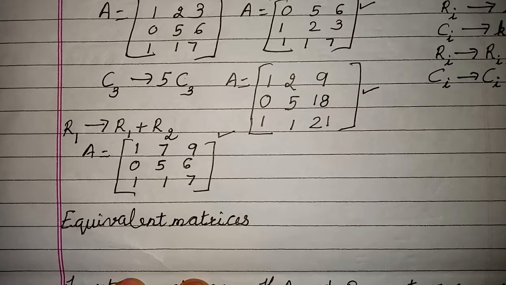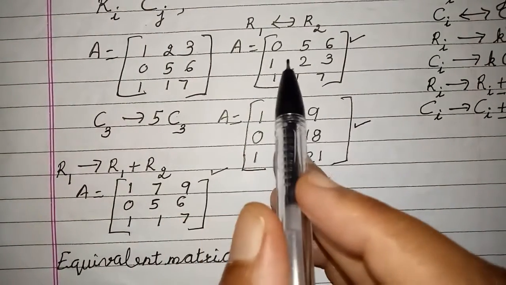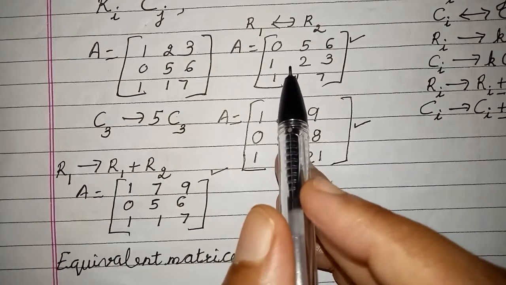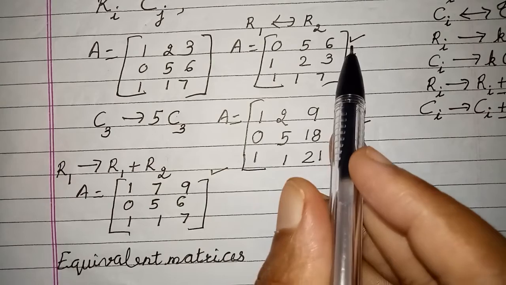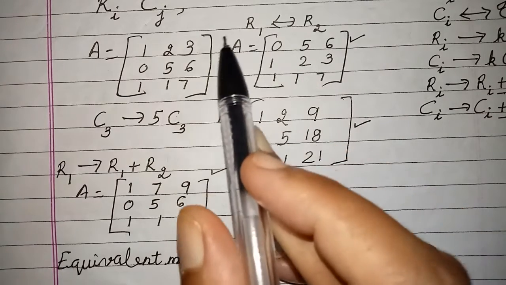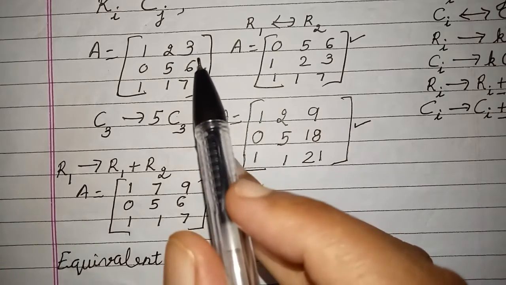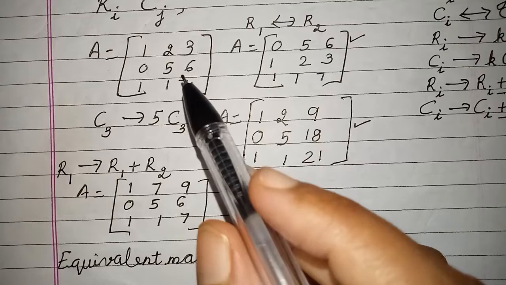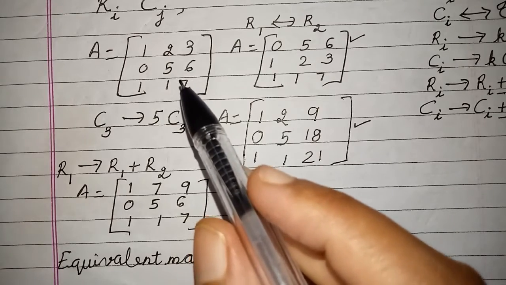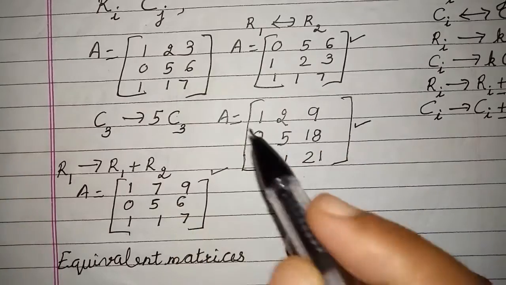Equivalent matrices are those matrices which are obtained from the other by applying elementary transformations. This matrix, which I put a tick mark on, is the equivalent matrix of this. Similarly, this matrix is an equivalent matrix of my original matrix. They are called equivalent matrices because they are obtained from each other.